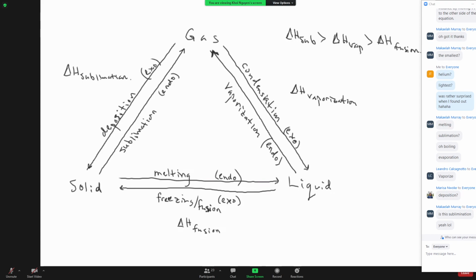So let's go over some thermal chemistry terms as well, since we're here. I think we went over it before. Let's just make sure that it still sticks. Isothermal. What does that mean? Constant what?